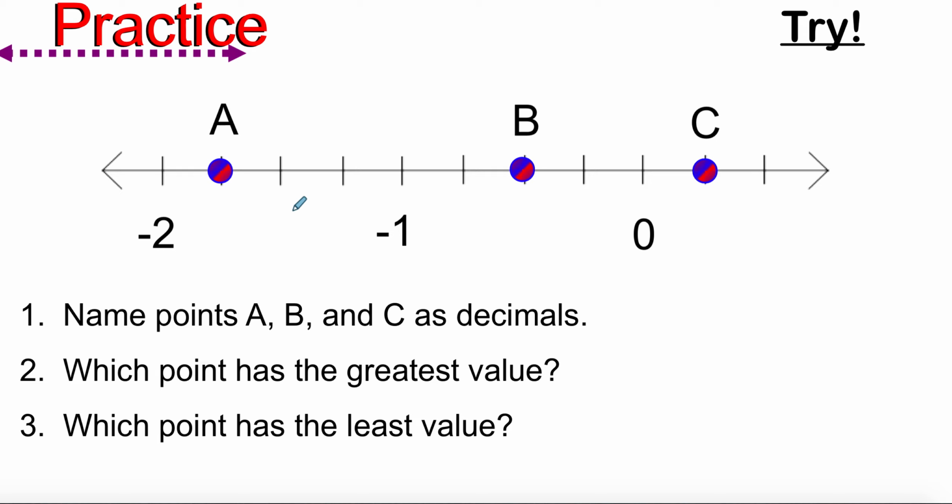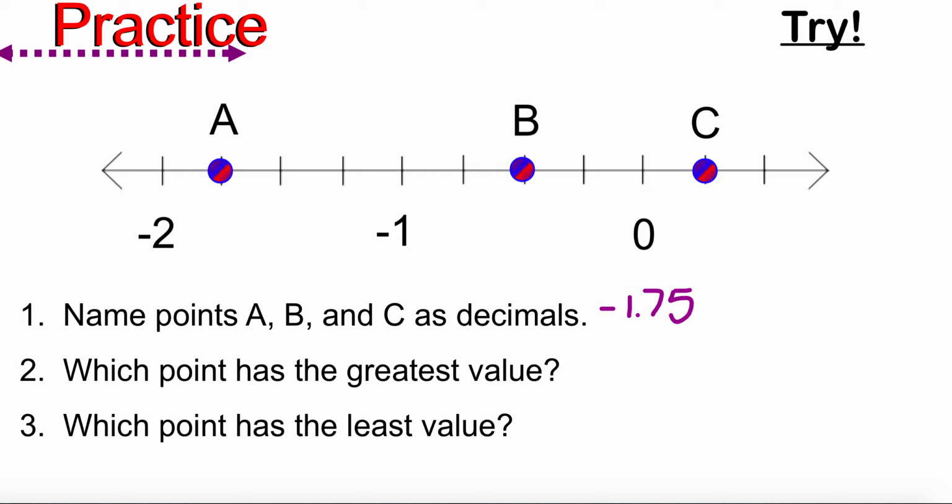Now, if we put in these quarters, as we said before, here is negative 1, negative 1.25, negative 1.50, and negative 1.75. So this is negative 1.75. Point A.